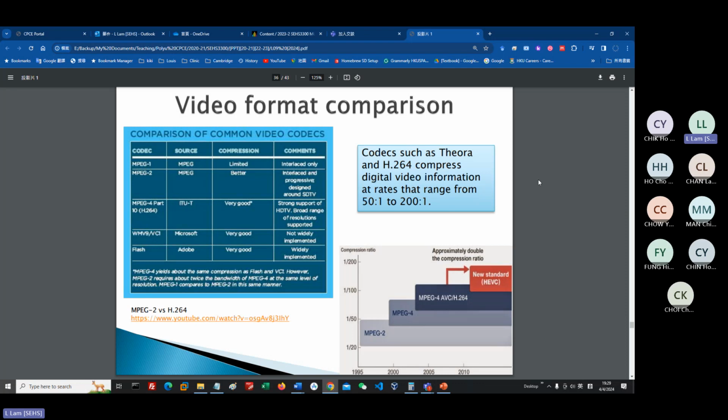So no matter whether you are using H.264 or MPEG-4, the video size would be the minimum. Okay, and the compression ratio right here is 1 to 100, which means that 100 megabytes of video can theoretically be compressed to 1 megabyte.